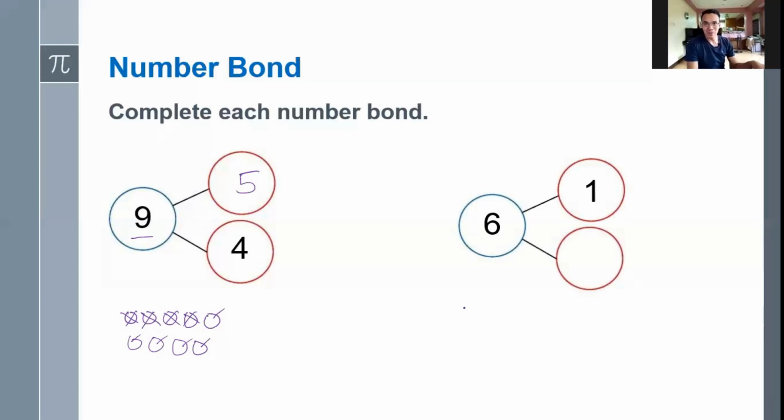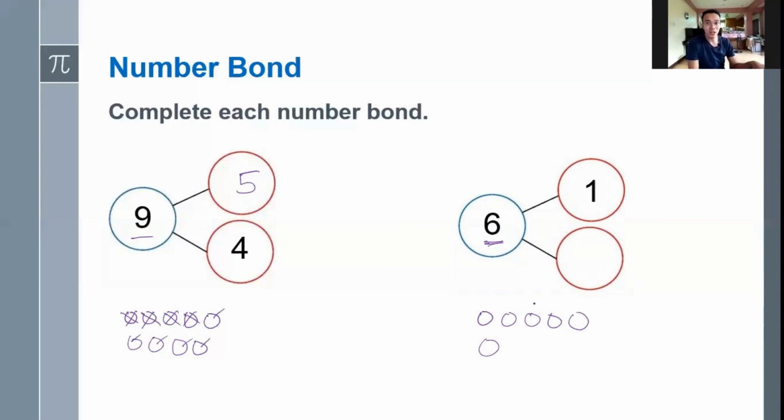Next example, and this is going to be our last example. The number in a whole is 6. One part is 1, the other part is missing. So what we are going to do first, we're going to draw 6 circles. 1, 2, 3, 4, 5, 6.